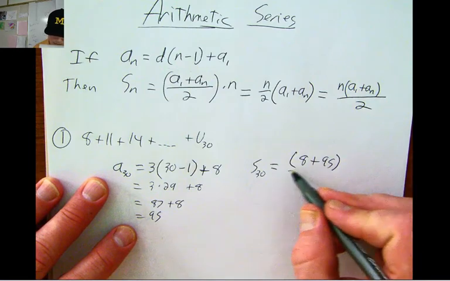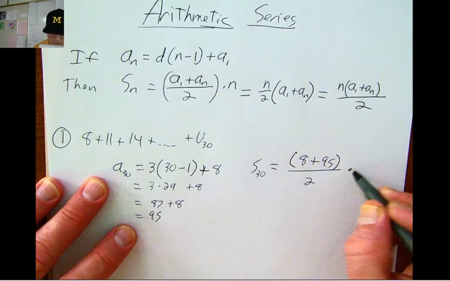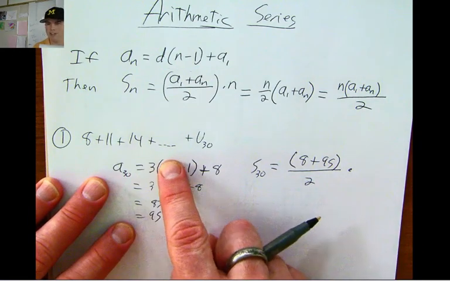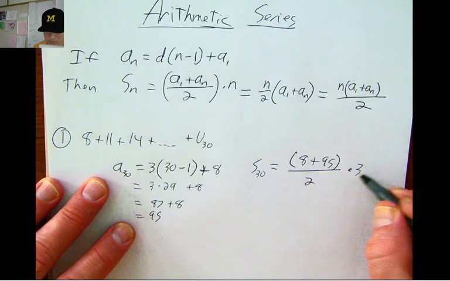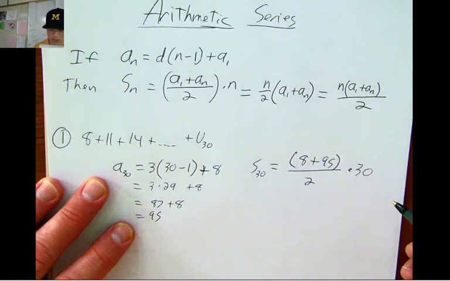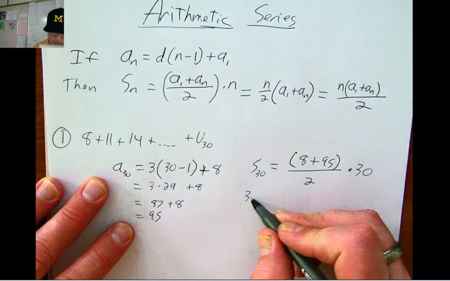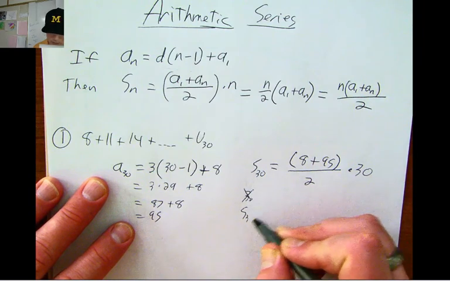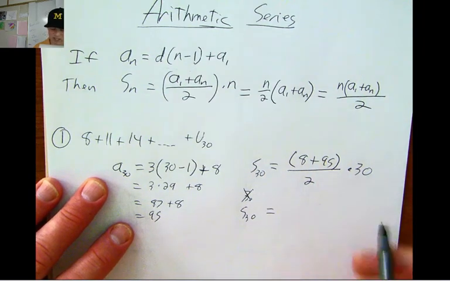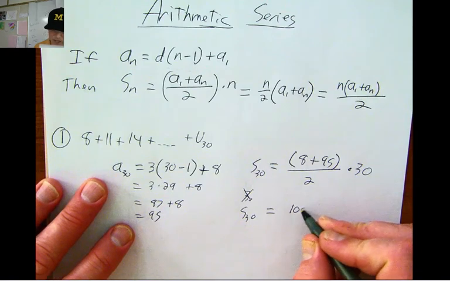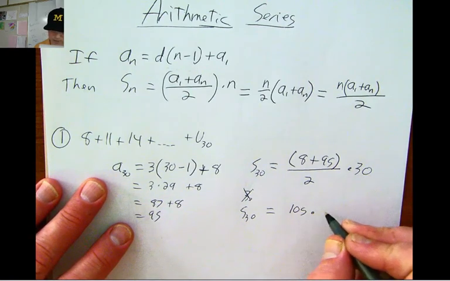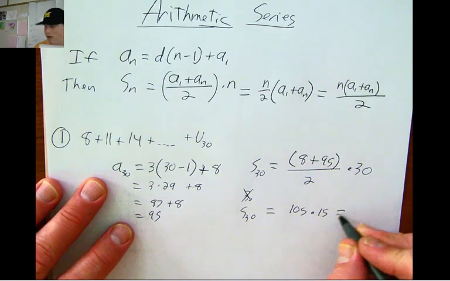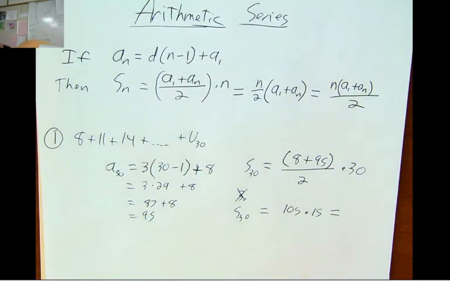That divided by 2 times the number of numbers in the series, which is 30 of them, and work it all out. So S30 is 8 plus 95, that's 103... let's see, 30 divided by 2, that's 15, and 105 times 15, I'm going to have to cheat and use a calculator here.